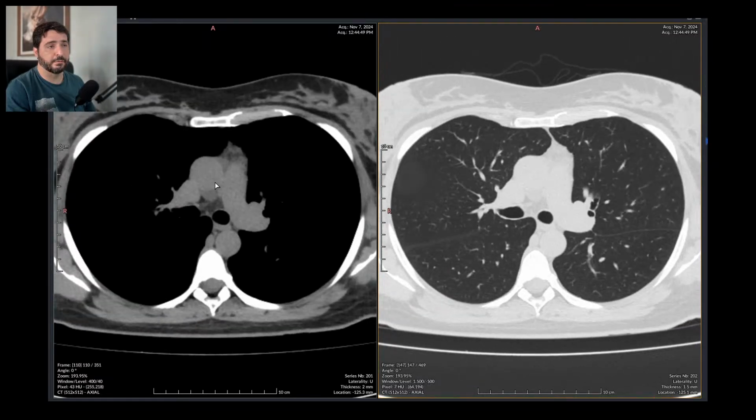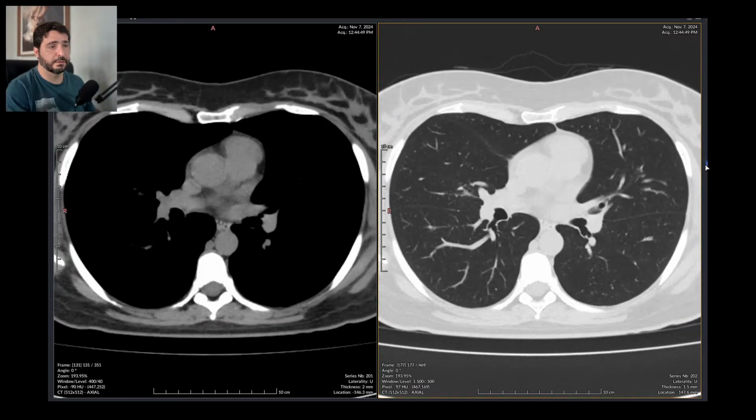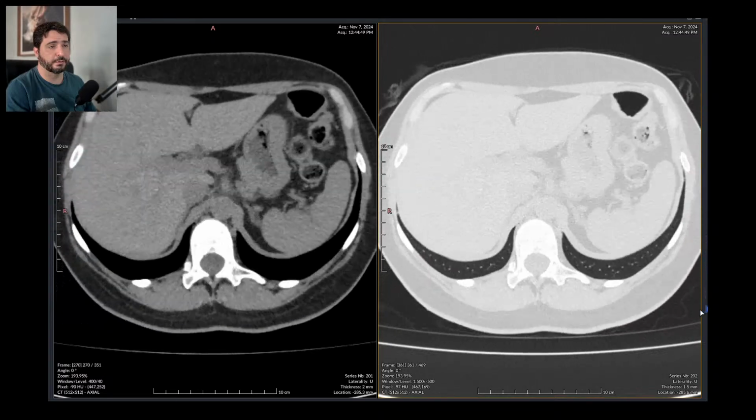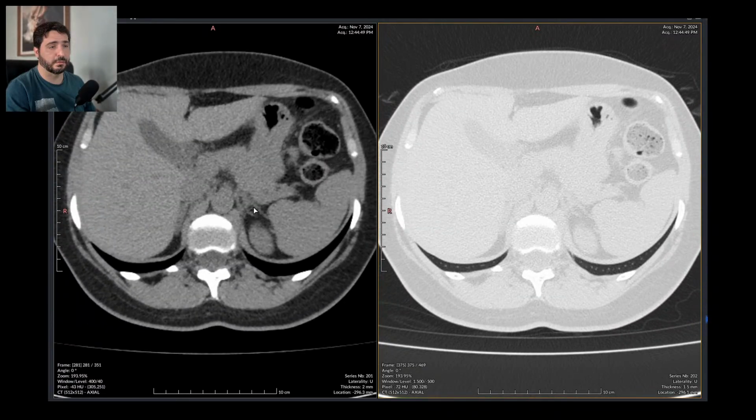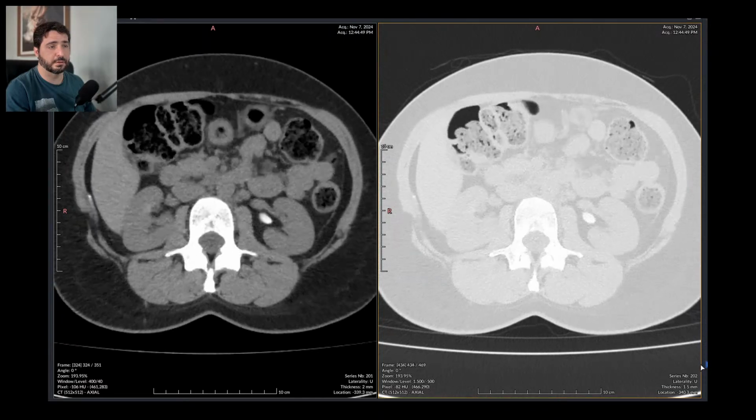Let's see if we have enlarged lymph nodes. No enlarged lymph nodes. Let's look for something on the adrenal glands. Adrenal glands look fine.